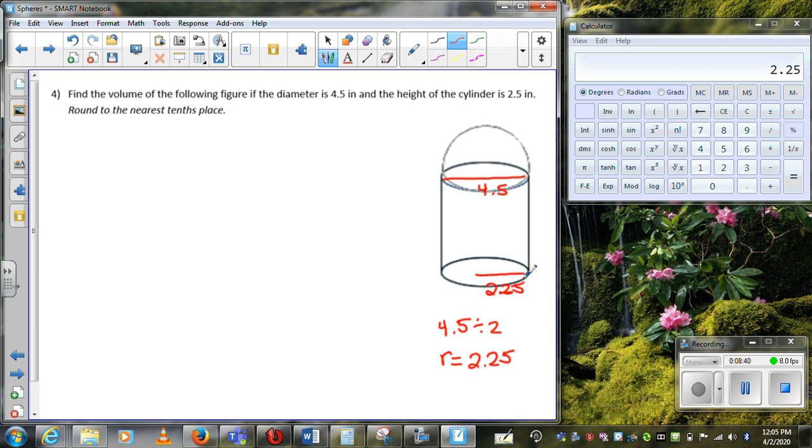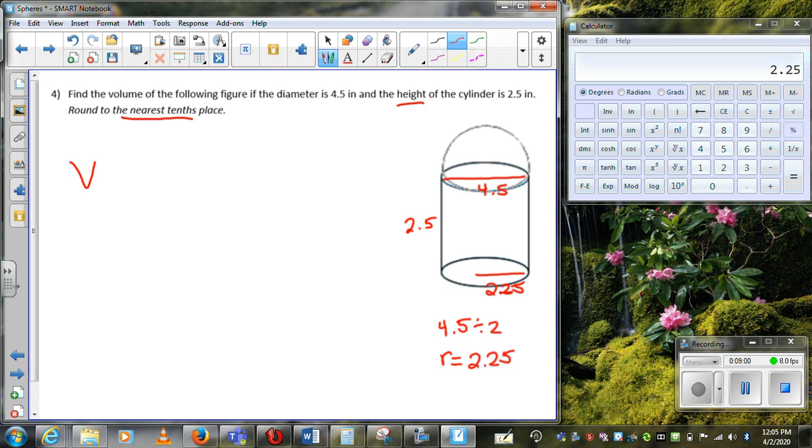So find the volume of the following figure. So now we have the radius that we need, and the height is actually 2.5. That's going to be important. And this one says round to the nearest tenths place. I'll be more careful on this problem and actually read all the way through first.